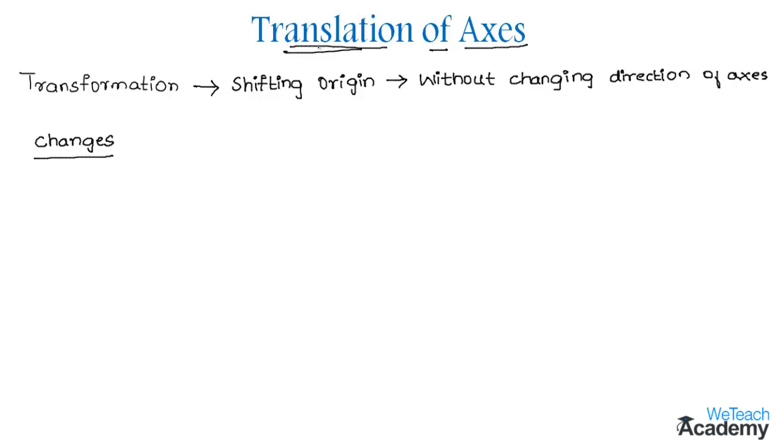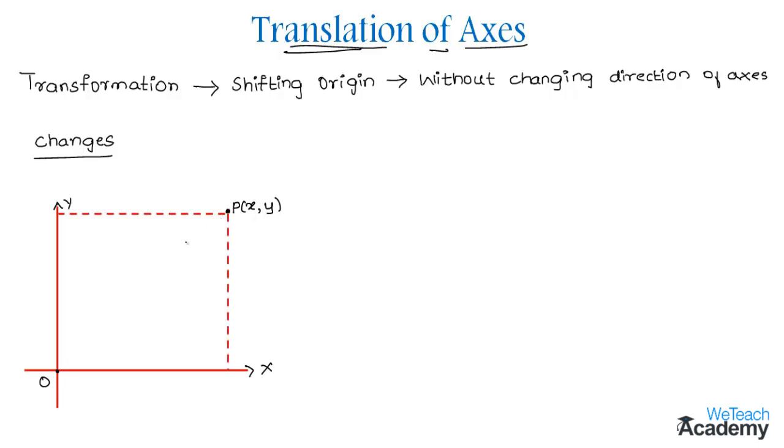For this, we need to consider a coordinate plane, and here there is a point P with the coordinates x, y. Now suppose the origin O is shifted to O dash. By translation of axis without changing the directions, its coordinates will be h, k.